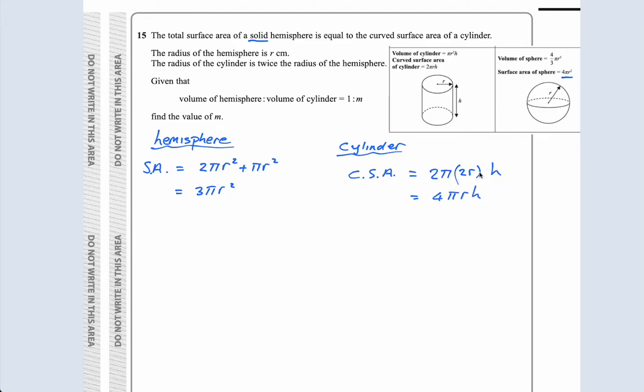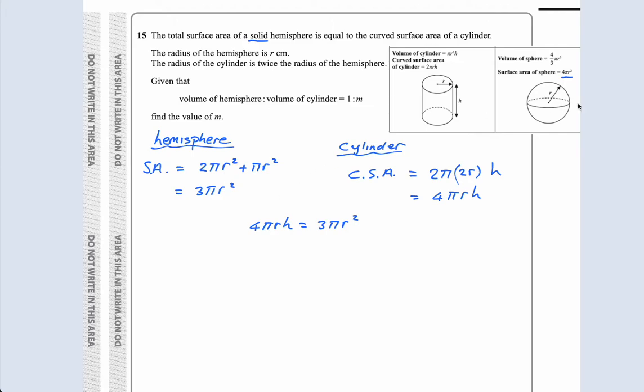It says these are equal. They are equal. So 3 pi r squared equals, and actually guys, I'm going to write this first. So 4 pi r h equals 3 pi r squared. The reason I'm doing that is because I actually want to get h. What is h in terms of r?